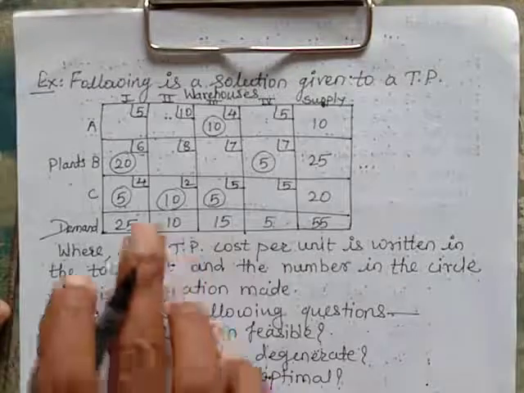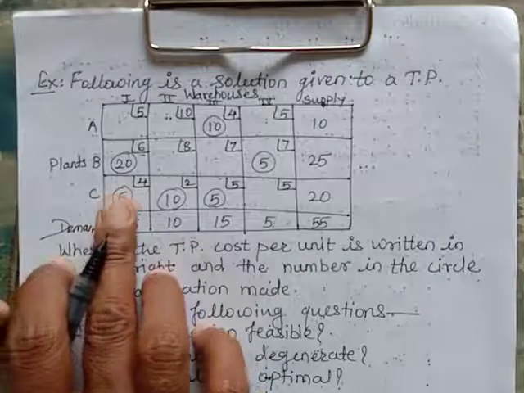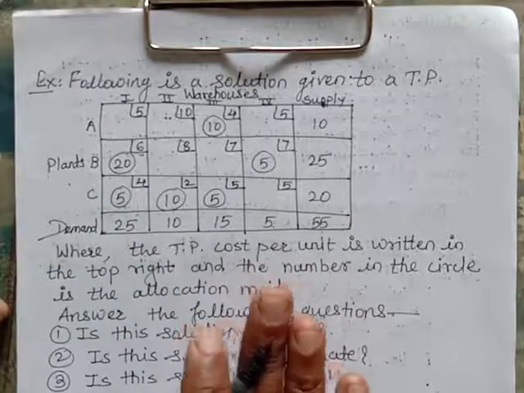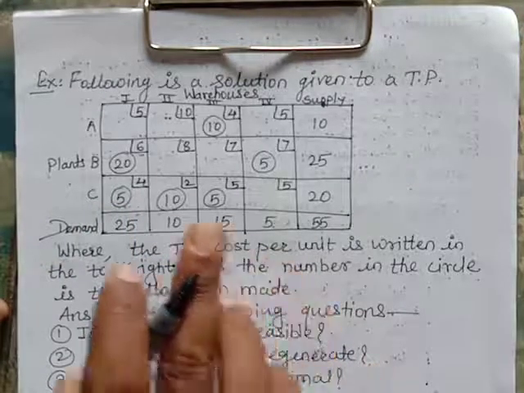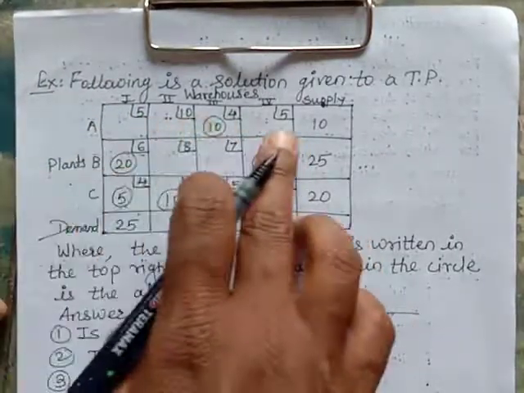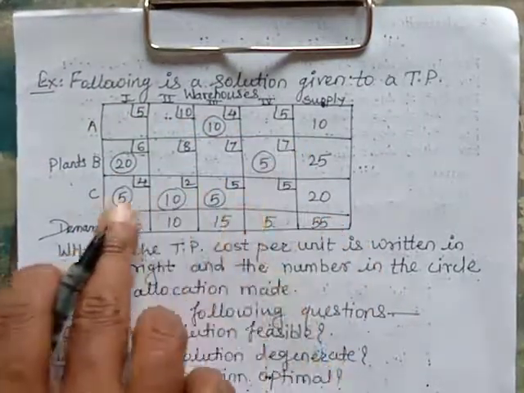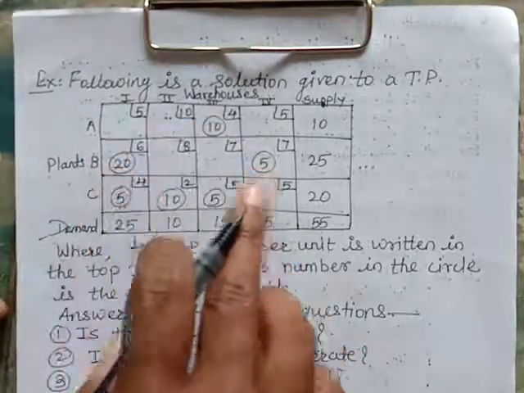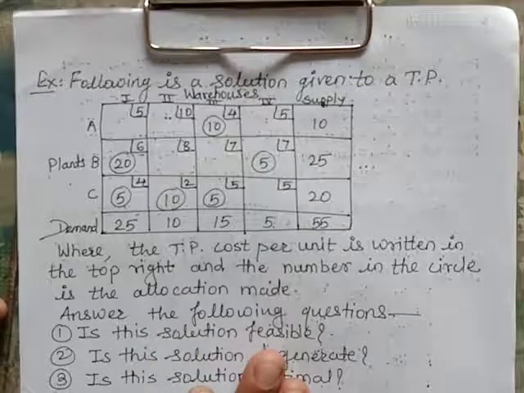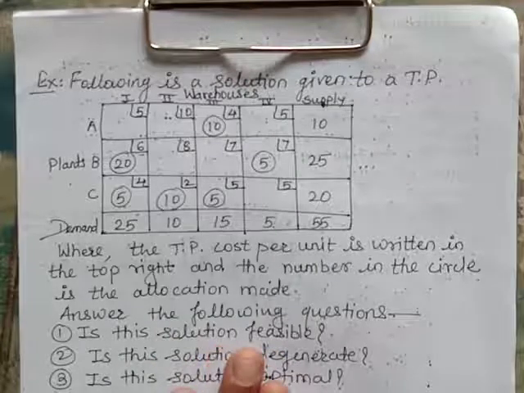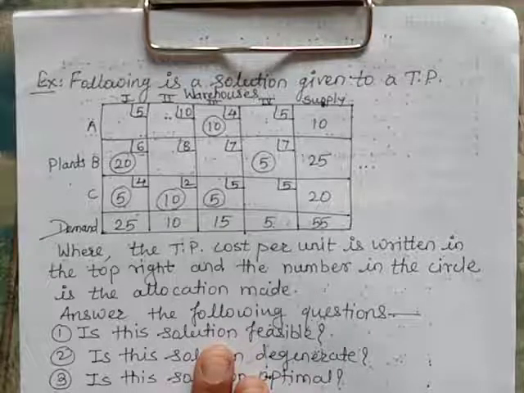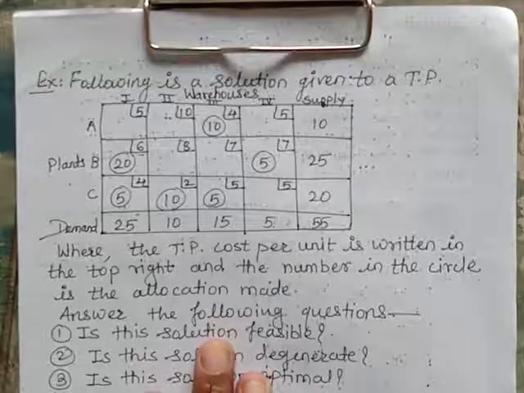Now the question is left for degenerate. For degenerate, what we know, if the feasible solution obtained is basic feasible, then it is non-degenerate. So now number of rows are 3 and number of columns are 4. So 3 plus 4 is 7 minus 1 will be 6. And how many allocations are here? 6. So if number of allocations equals m plus n minus 1, then we know the given feasible solution is a basic feasible solution.